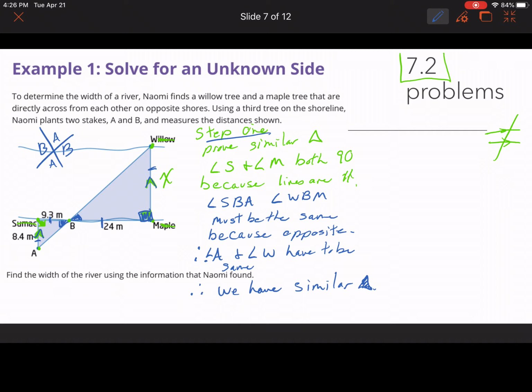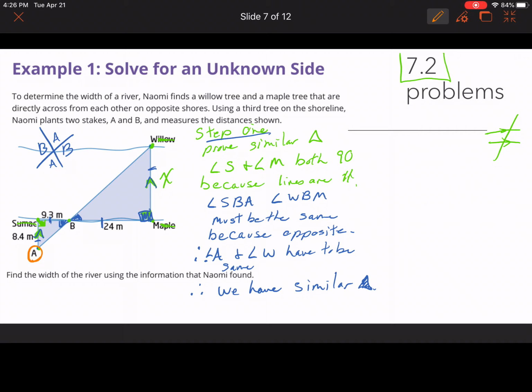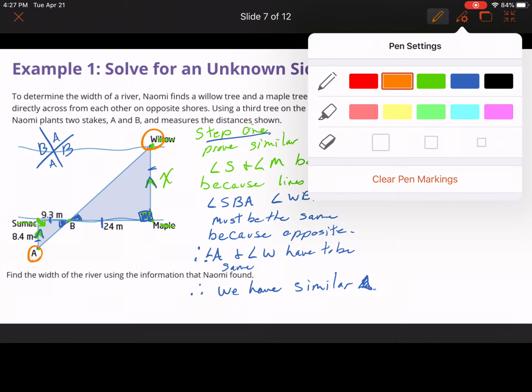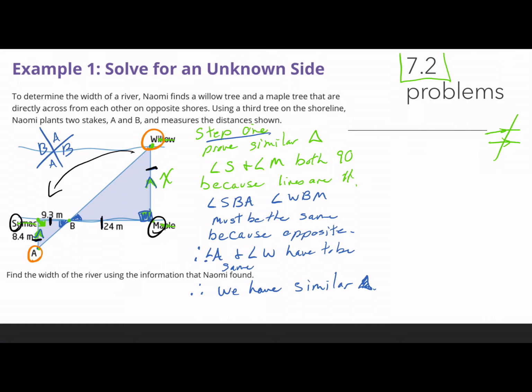This triangle has been flipped and turned around so that A is equal to W, B is equal to B, obviously, and M is equal to S. So this side and this side have to have the same ratio as this side and this side. Let's figure out what that ratio is.